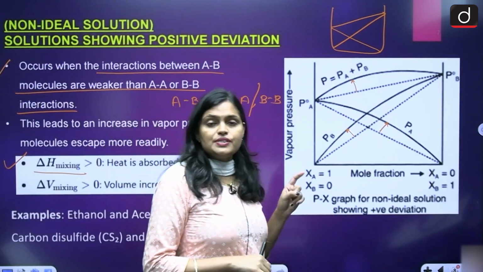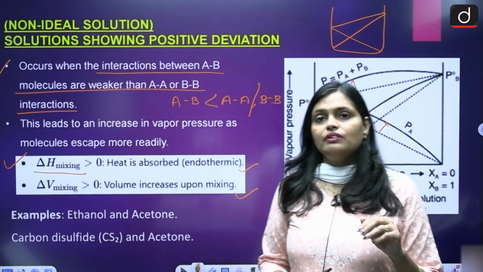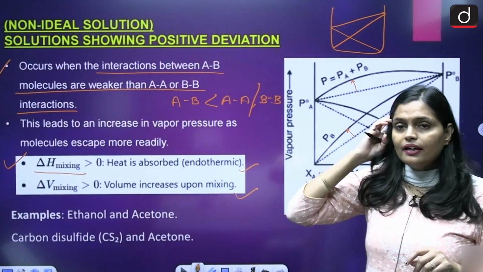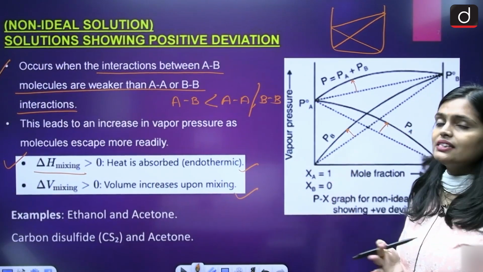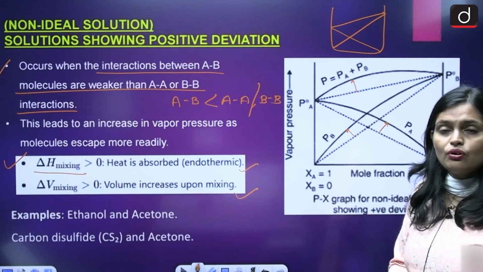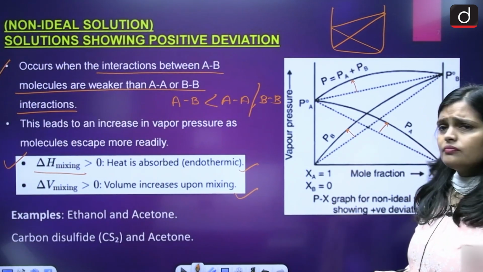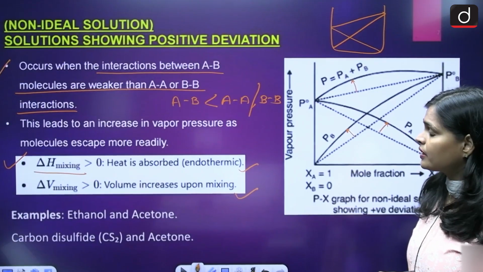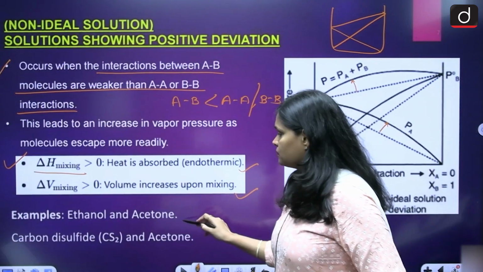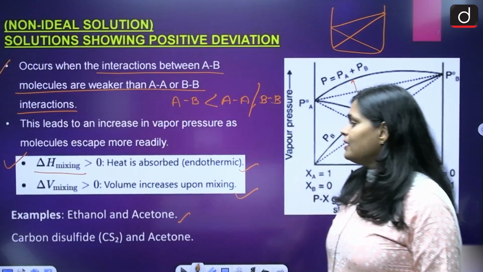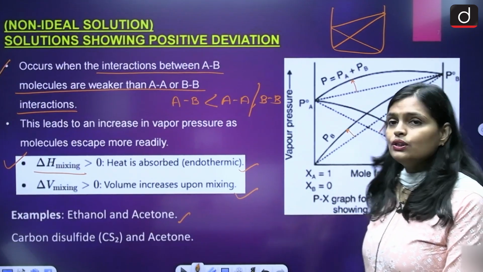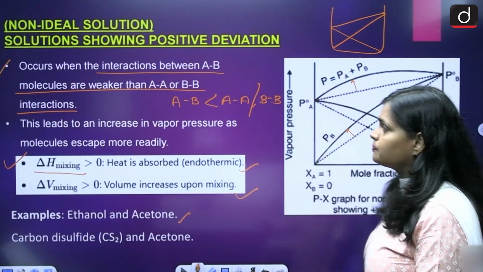In your MCQ based questions, directly you will get questions like this: when volume increases, when volume decreases, when heat is absorbed. Examples: ethanol and acetone, carbon disulfide and acetone, CS2 and acetone.